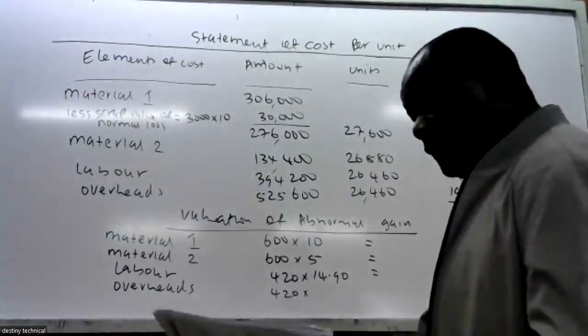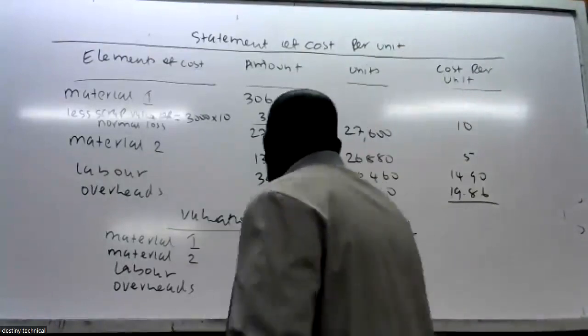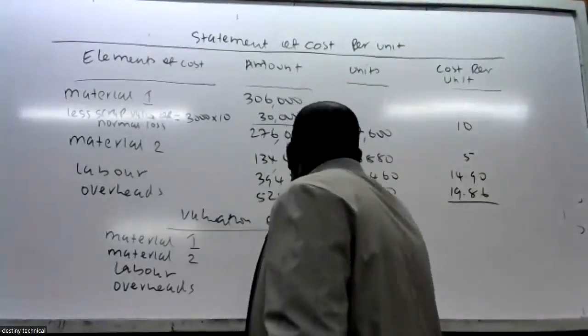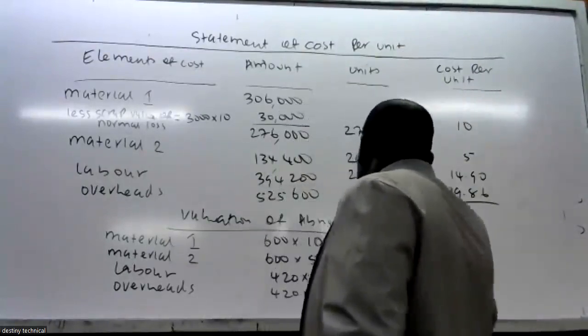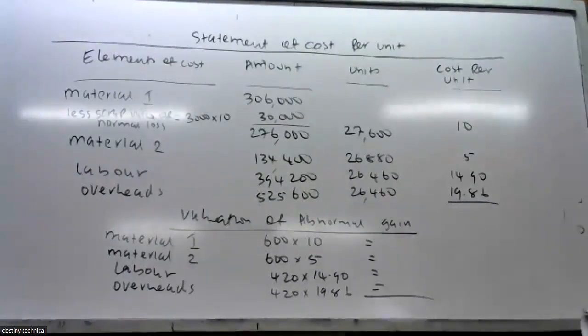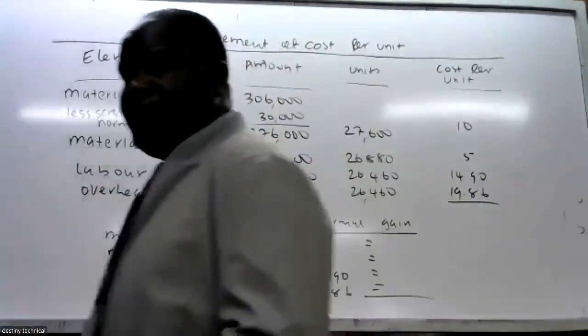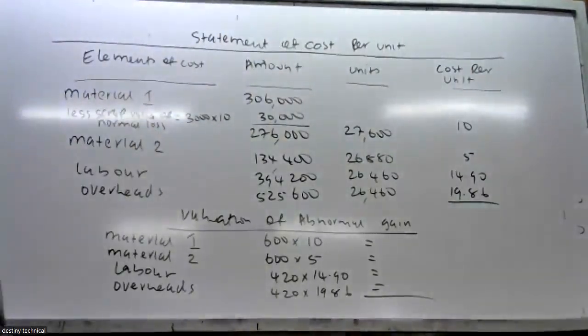Overheads, was it also 420? But this one you value at 19.86. So you will add them together now to get the valuation of the abnormal gain.